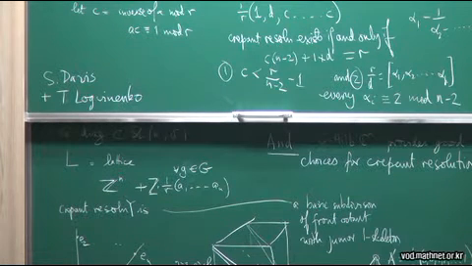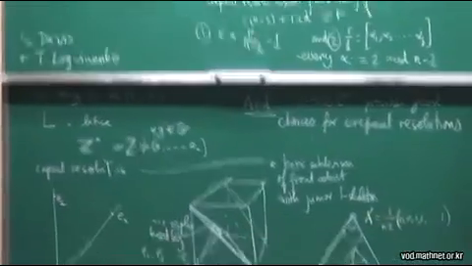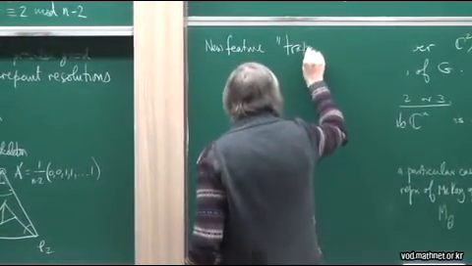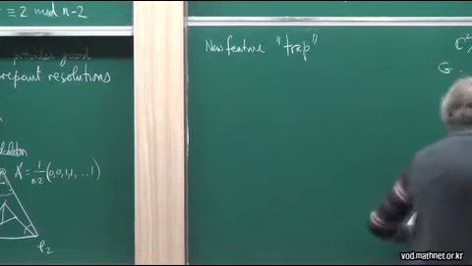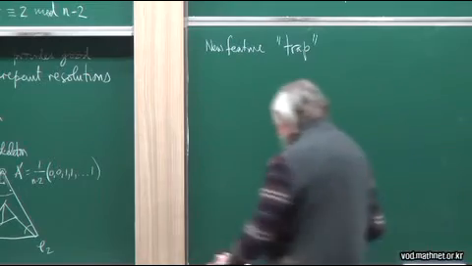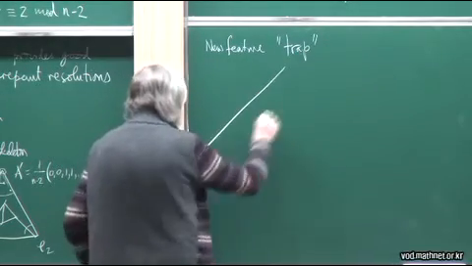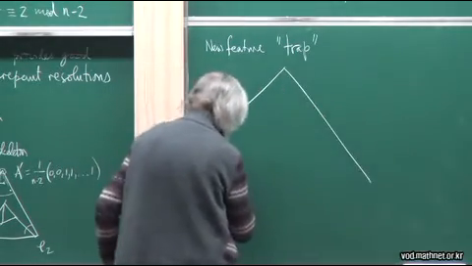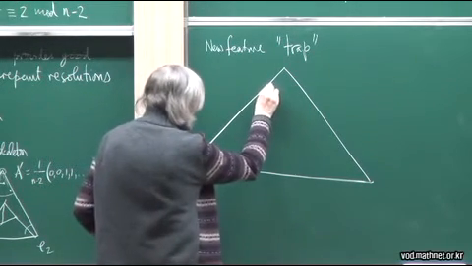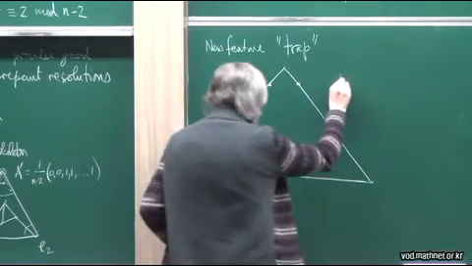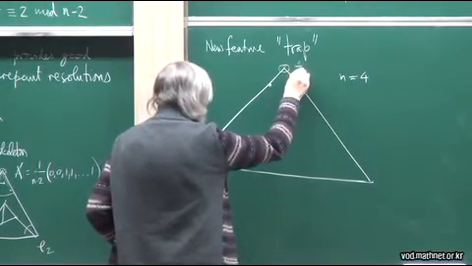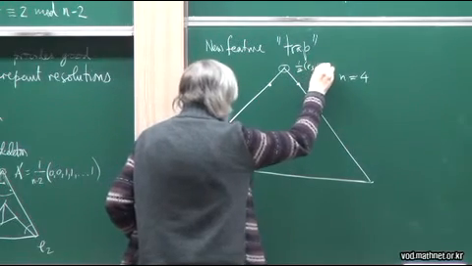So the new feature here is called trap. So I'm going to draw a trap, just in the case of the overlattice L, n equals 4. This point here is half of E3 plus E4.